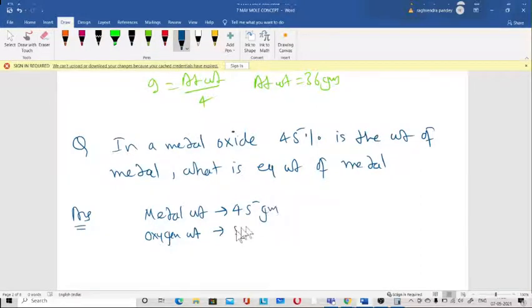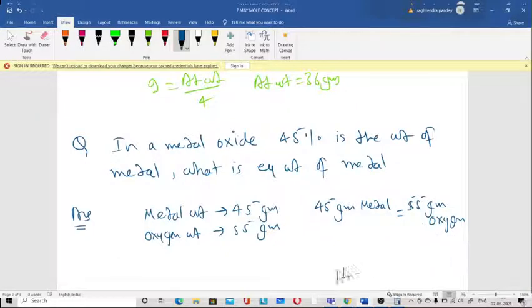So that is 55 gram oxygen. So 45 gram of metal is bonded to 55 gram of oxygen. That you all agree upon.